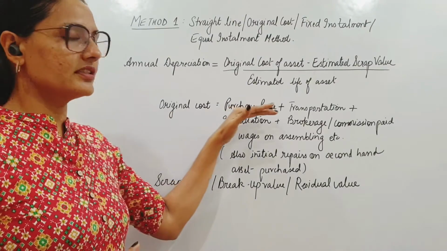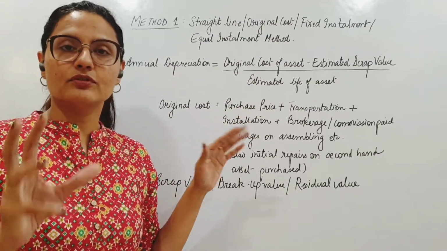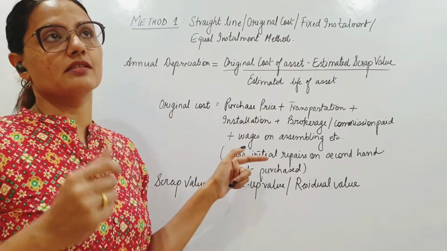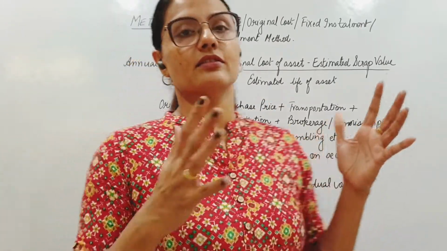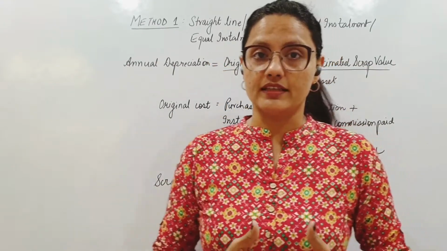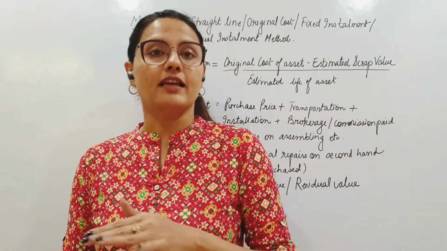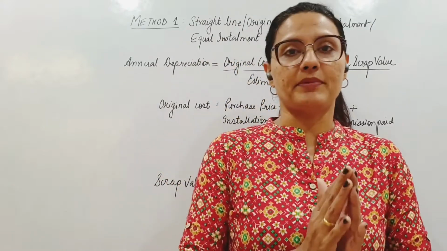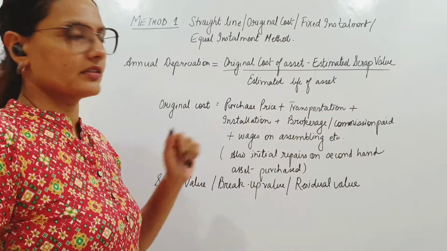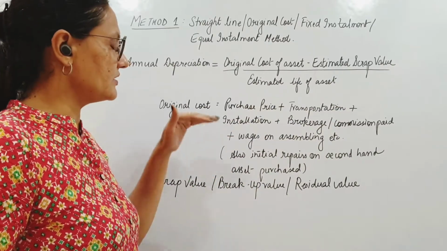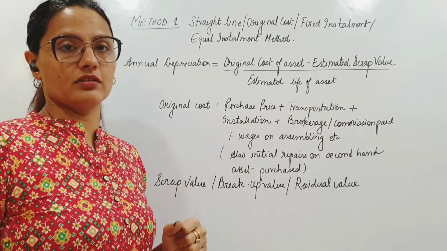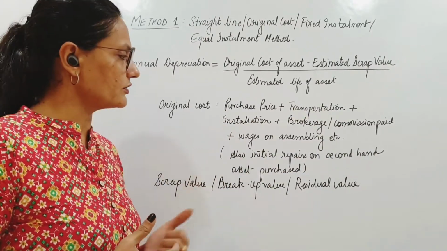Original cost will not just include the purchase price, सिर्फ उतना ही नहीं जितना कि purchase करने के लिए दिया. Plus all the expenses that you incur to bring the asset into your premises, install it and start using it. Till that point of time, all the expenses will be capitalized. We've already done this in our journals, right? Transportation cost to bring it to the premises, installation charges, brokerage, commission paid on the purchase, all will be added to the cost of the asset.